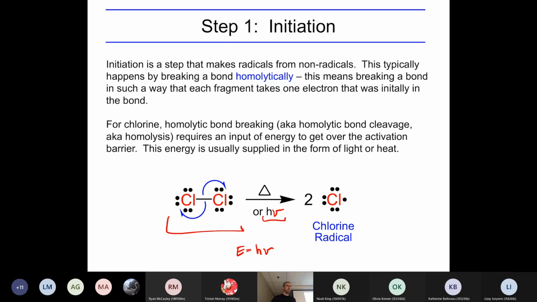One or the other, you need some energy source that initiates the reaction. Starts it off, otherwise nothing happens. You can kind of think of it a little bit like activation energy. Not exactly, but you need to get this thing going. And what this does is it creates two chlorine radicals. And now we can start our chain reaction.